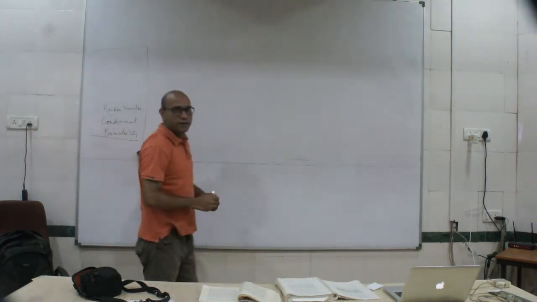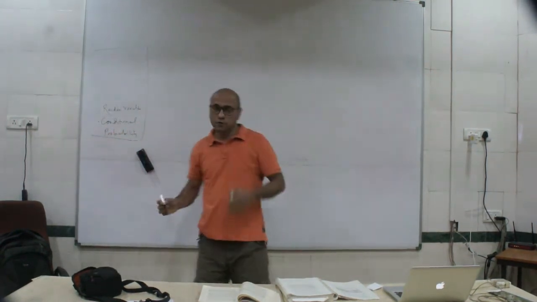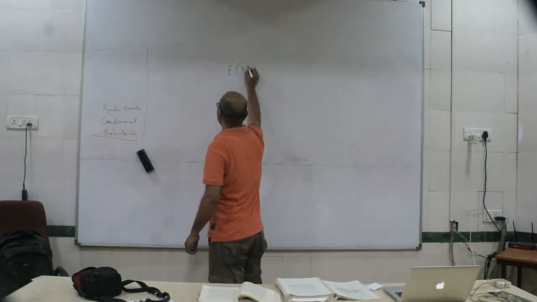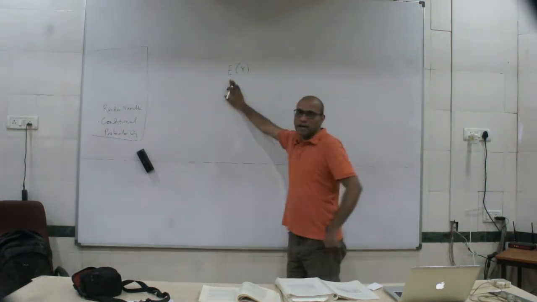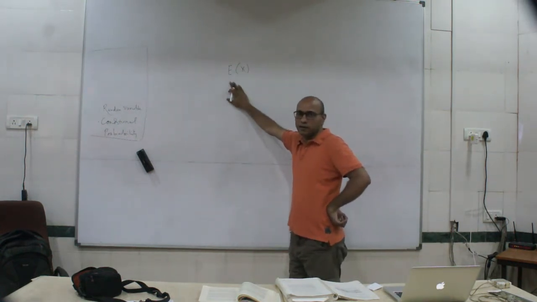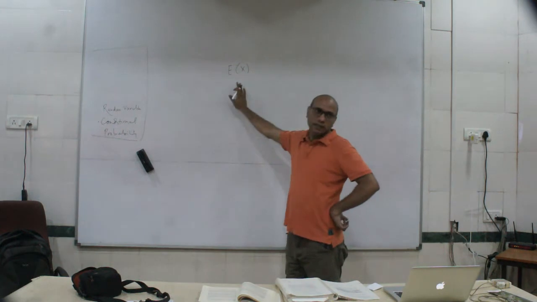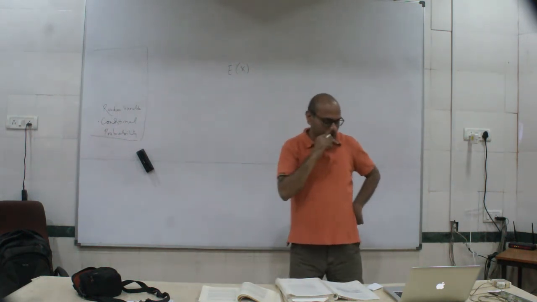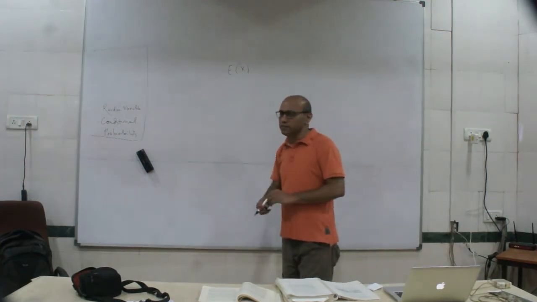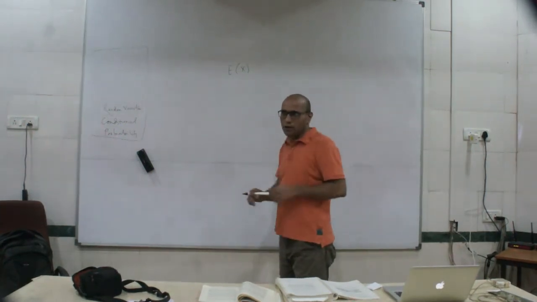Okay. Expectation of x, expected value. Expected value is an important concept and so is variance. This is read as expectation x. Expectation is the average. So generally how do we compute average?